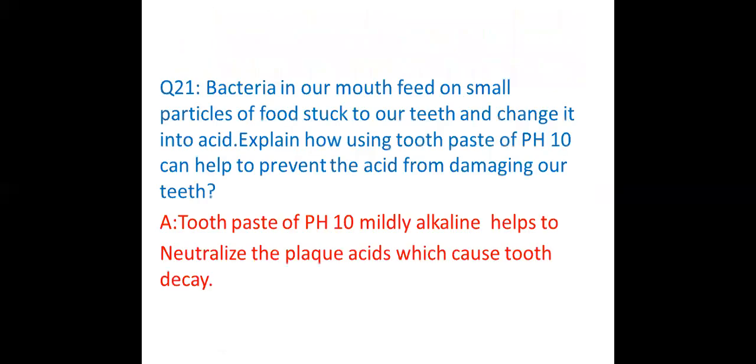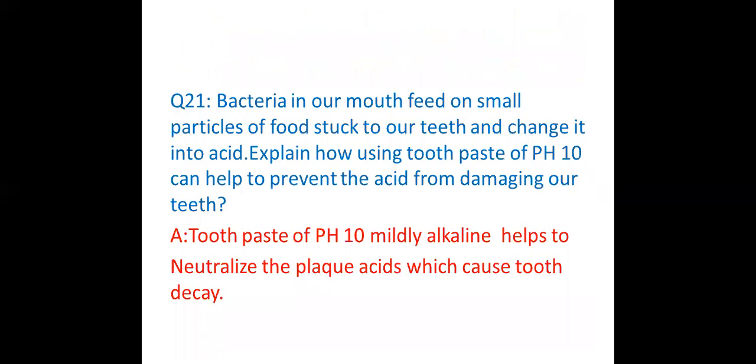Question number 21. Bacteria in our mouth feed on small particles of food stuck to our teeth and change it into acid. Explain how using toothpaste of pH 10 can help to prevent the acid from damaging our teeth. Toothpaste of pH 10 means its pH is greater than 7, so it is alkaline.